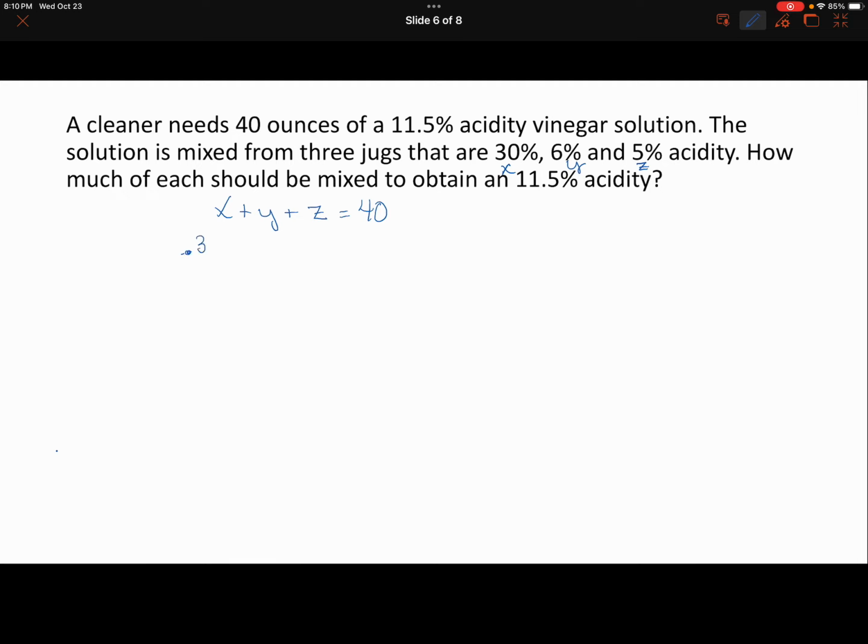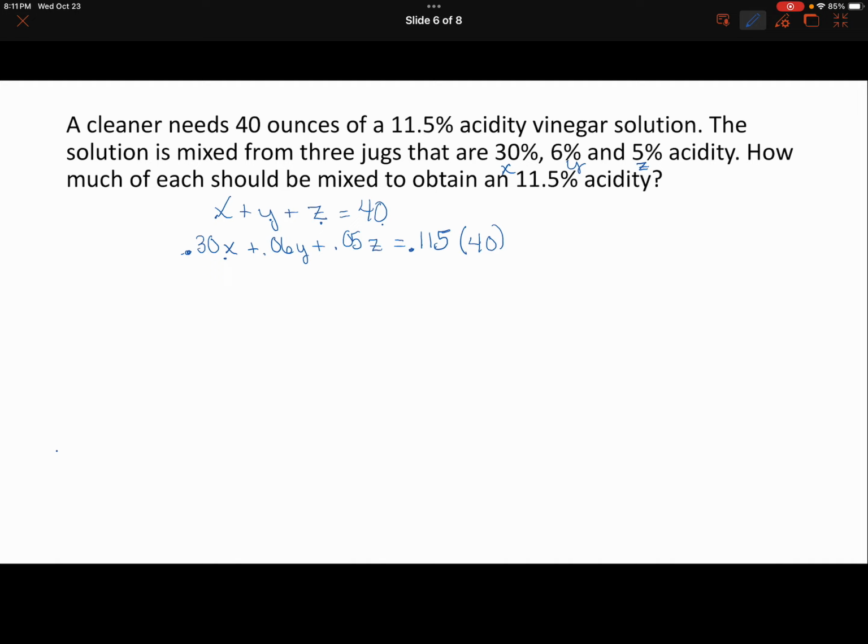The percentage concentration of the acidity, 30% or 30 hundredths x, plus 6% y, plus 5% z, should add up to 11.5% times 40. Amount plus amount plus amount equals amount. Percent times amount plus percent times amount plus percent times amount equals percent times amount.